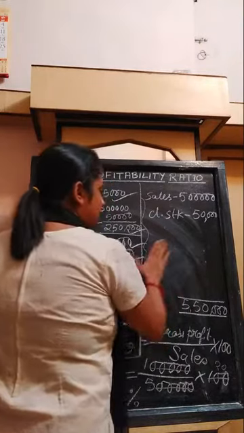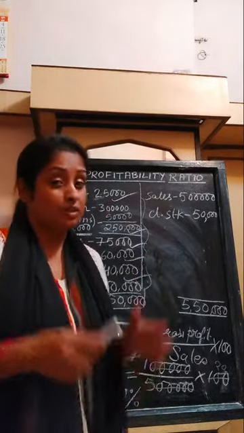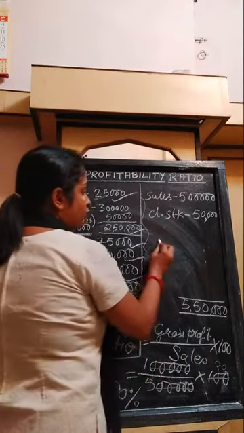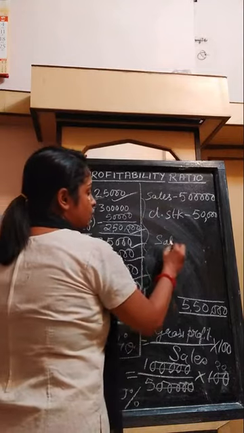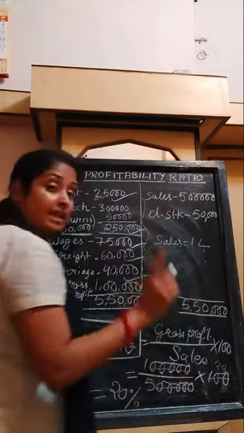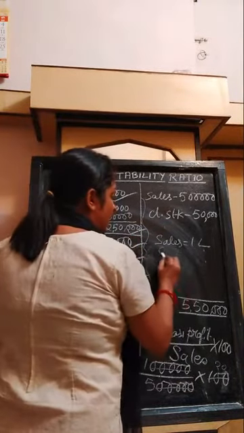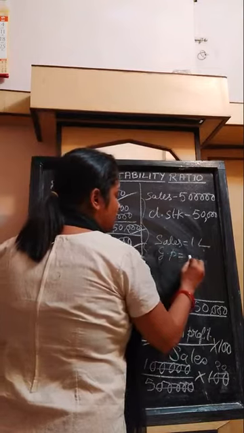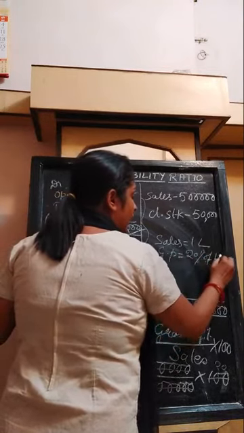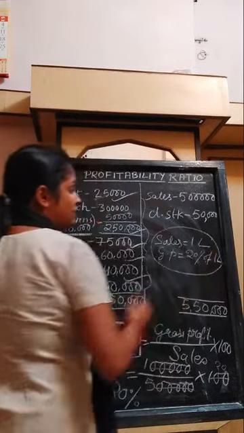One thing I must tell you, short MCQ sums could be given to you, like suppose percentage of gross profit is given, sales will be given to you. Suppose 1 lakh sales will be given to you. In case of 1 mark MCQ, suppose sales will be given to you 1 lakh and GP will be given to you as 20% of 1 lakh. In that case, for 1 mark, you can expect this type of sum.